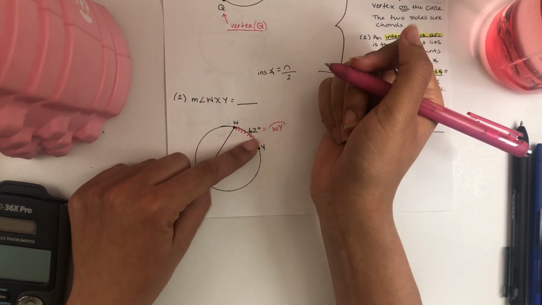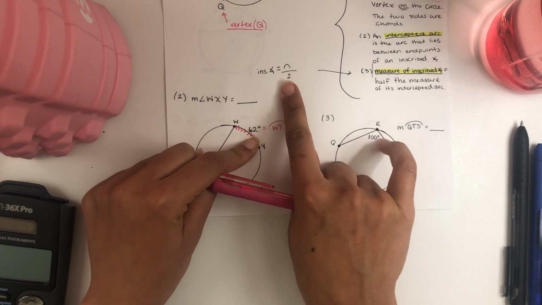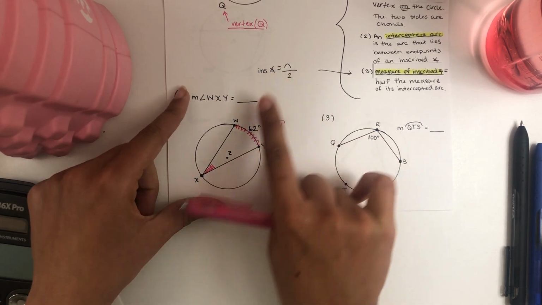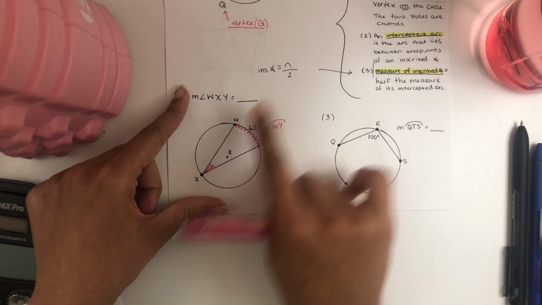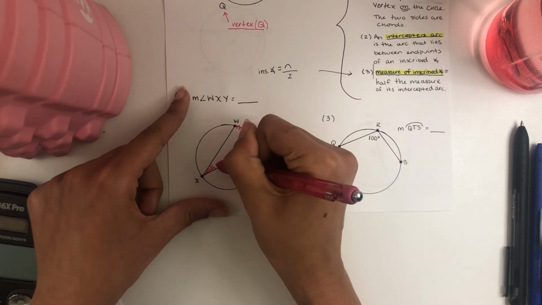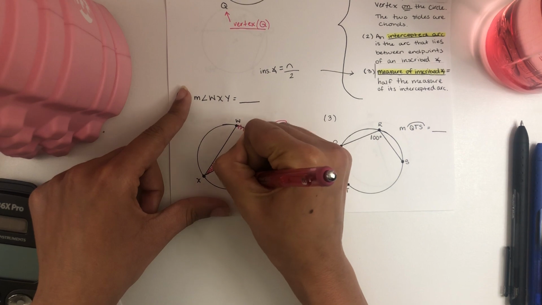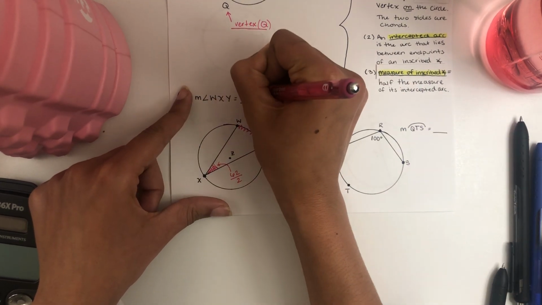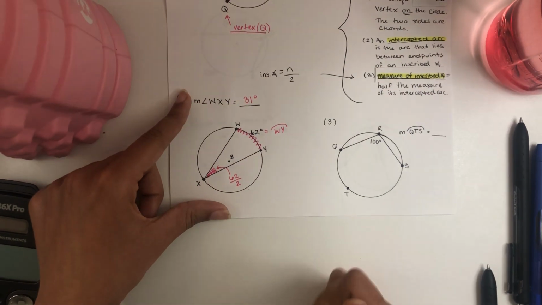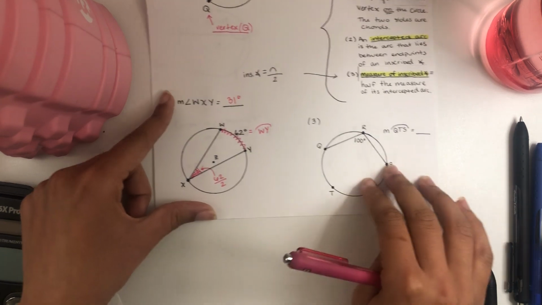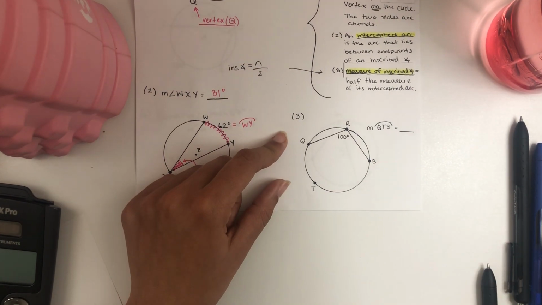Well, if this is 62, I know I'm either going to be dividing by 2 or multiplying by 2. Your inscribed angle, the angle, is half of your arc. So this would be 62 divided by 2. What does that give you? 31. Problem's done.